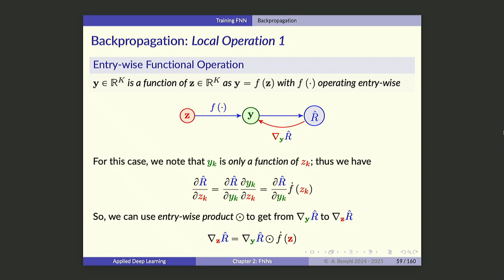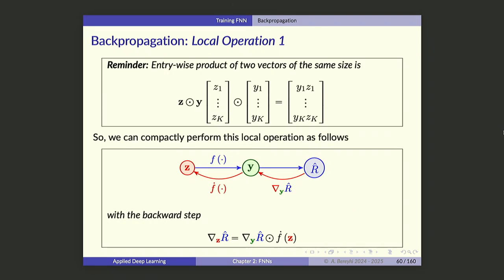And if I collect all of them inside one gradient, every single entry of that gradient with respect to z is going to be the corresponding entry of the gradient with respect to y times f dot at point z, right? This is what I show in this form. And by this dot here, I simply mean entry-wise product. Okay?